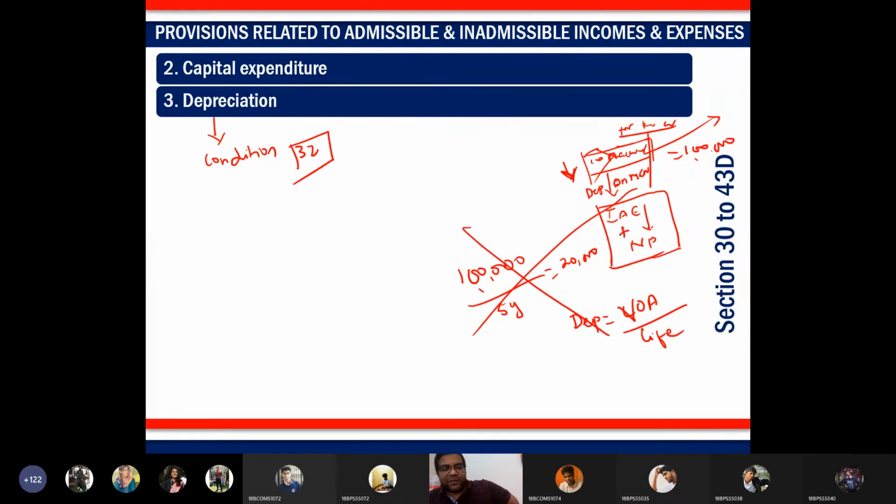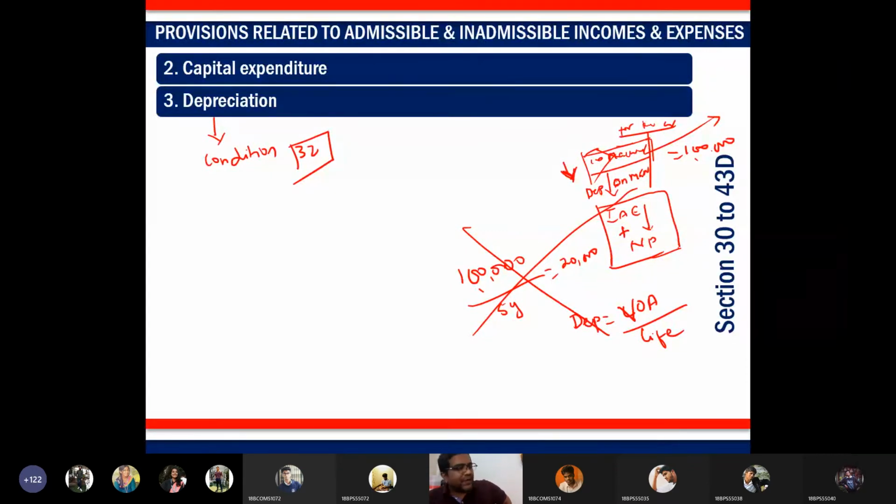That's one of the reasons that when you buy a machine on lease or hire purchase, you cannot claim depreciation, because when you lease an asset or hire purchase an asset, the ownership is not in your name. The ownership is in the name of the company which owns the asset and has given the asset to you for usage. So you can't claim depreciation. That's one of the important conditions: to claim depreciation, the assessee should be the owner of the asset.